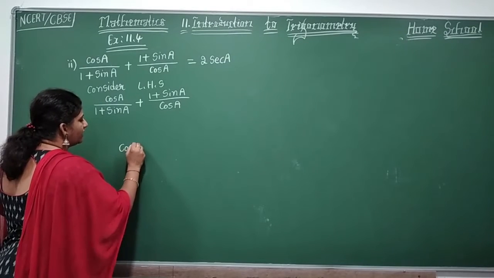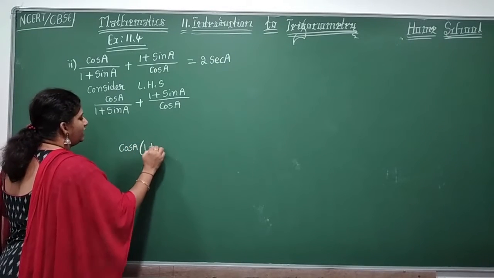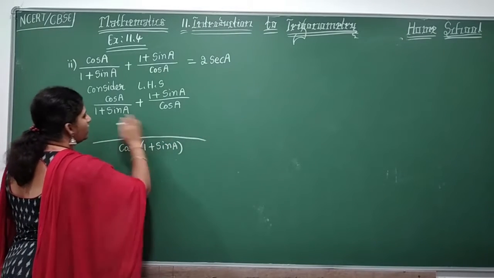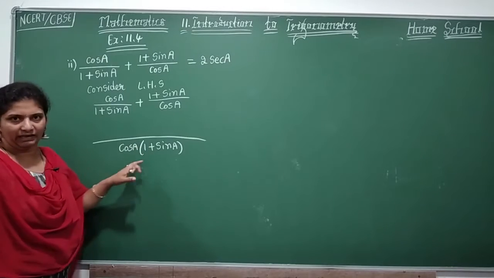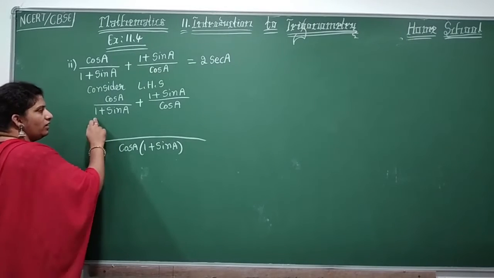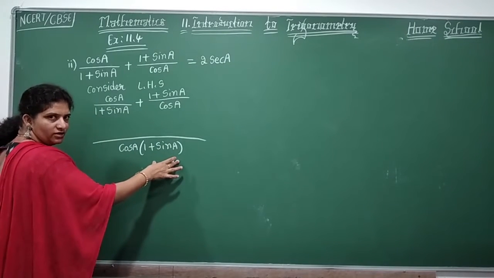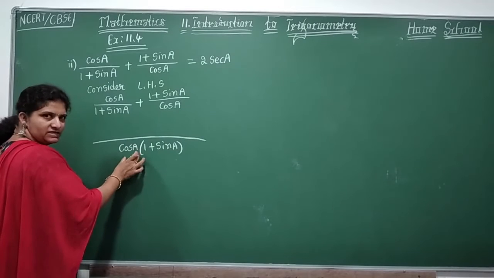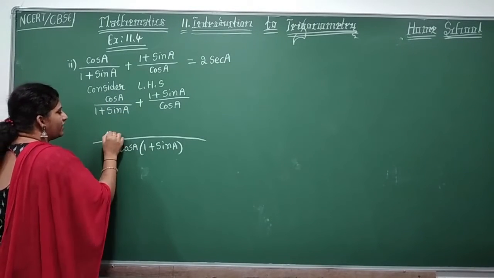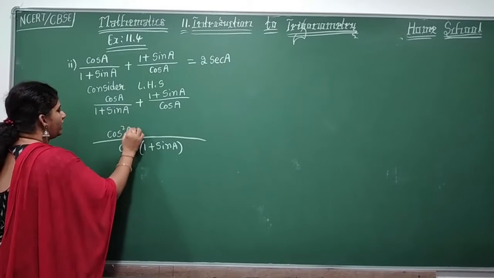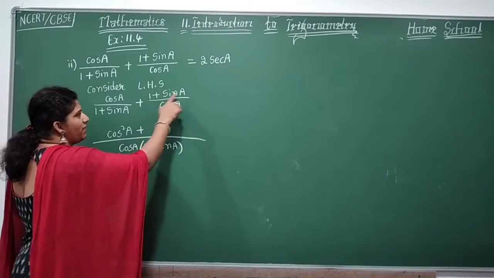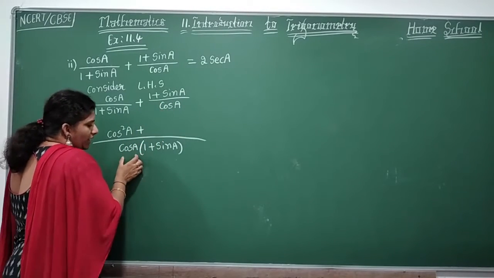Denominator, let me write small one this side: cos A into 1 plus sin A. Here nothing is common, so we write like this: cos A into 1 plus sin A. So here you have 1 plus sin A children. So what is missing? Cos A is missing. So multiply cos A. So cos A into cos A will be cos square A plus. Okay. So 1 plus sin A numerator, denominator only cos A there.